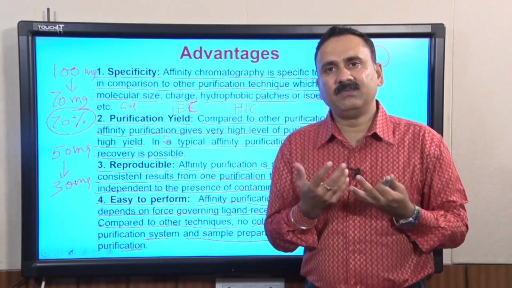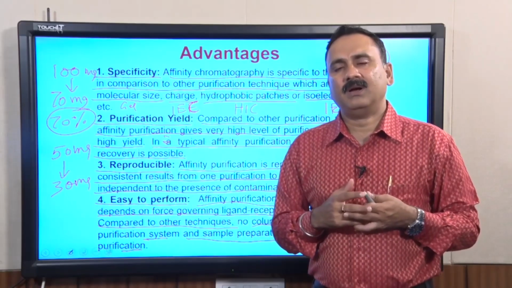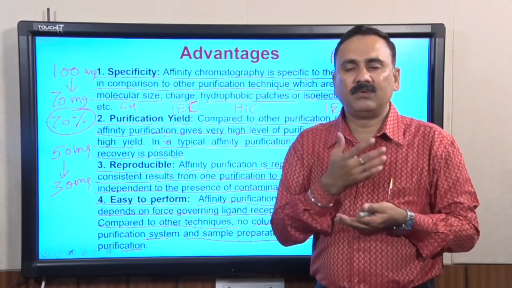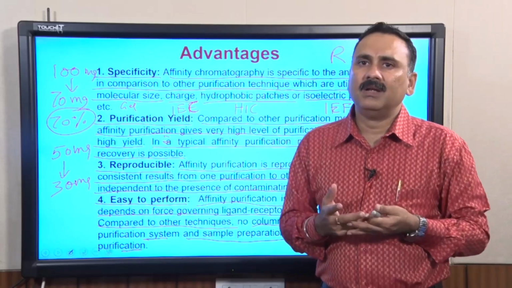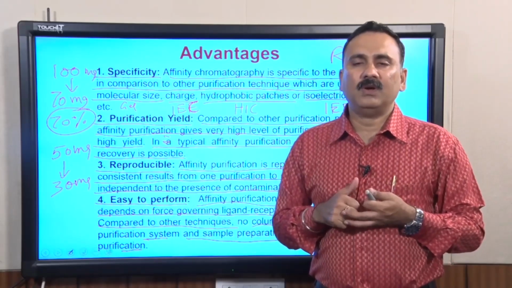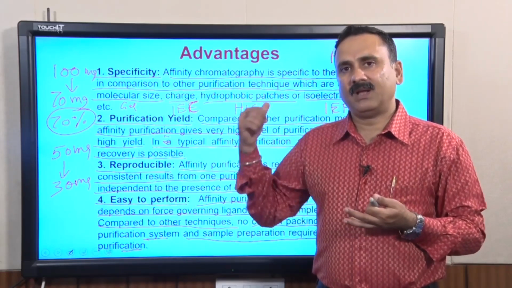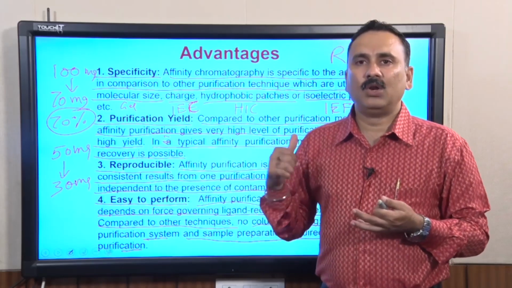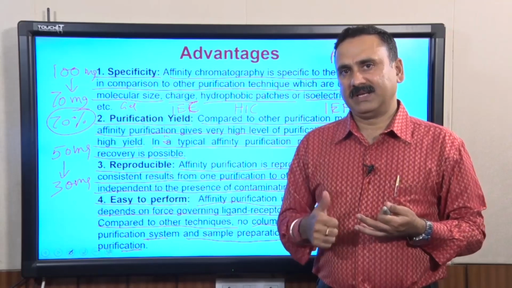If you keep the beads in a beaker, incubate them along with your crude sample, then spin down, remove the flow through, and wash once, your beads are ready to be eluted for the specific analyte. So that is why affinity chromatography brings a lot of advantages compared to all the other chromatography techniques.